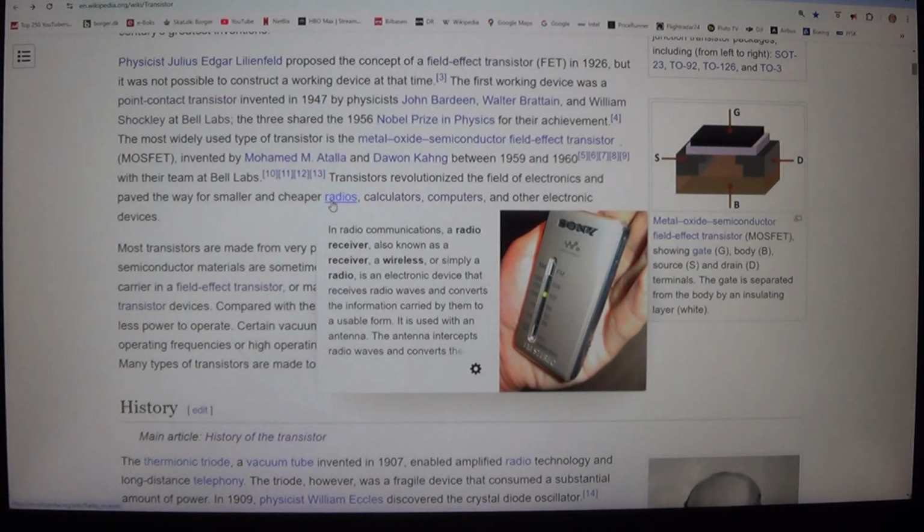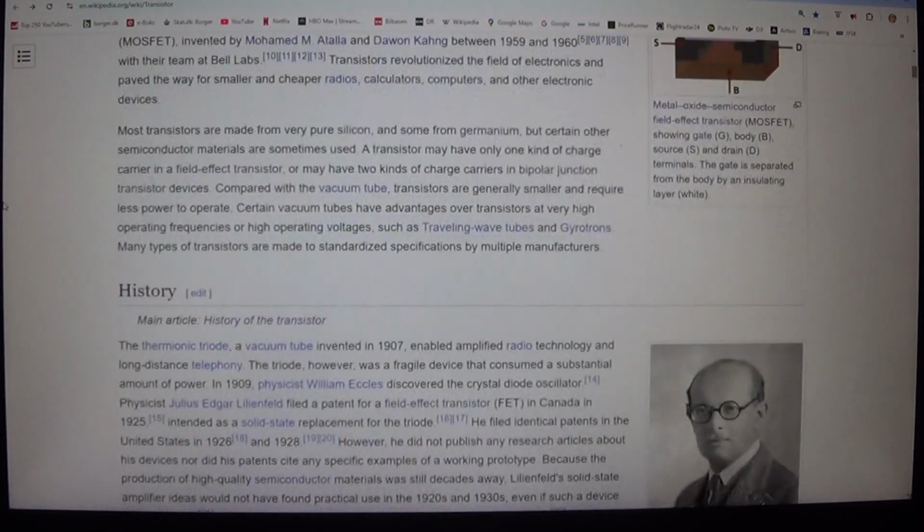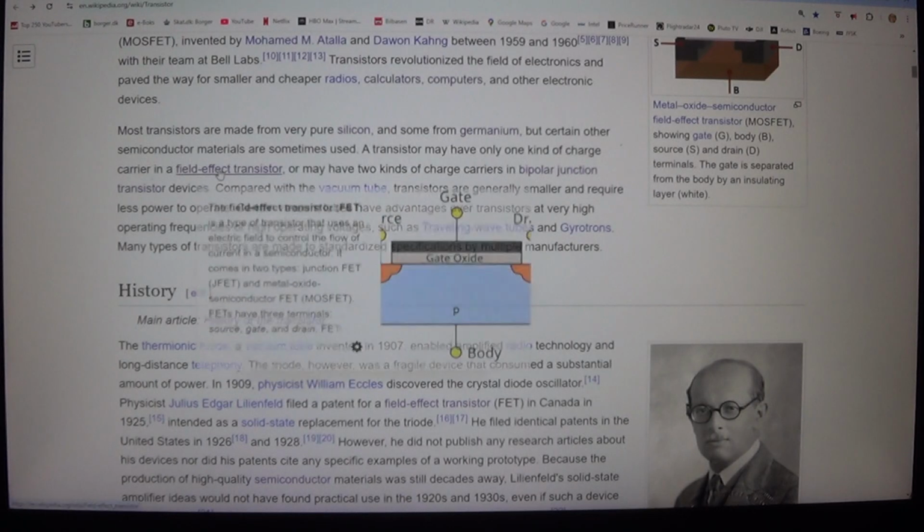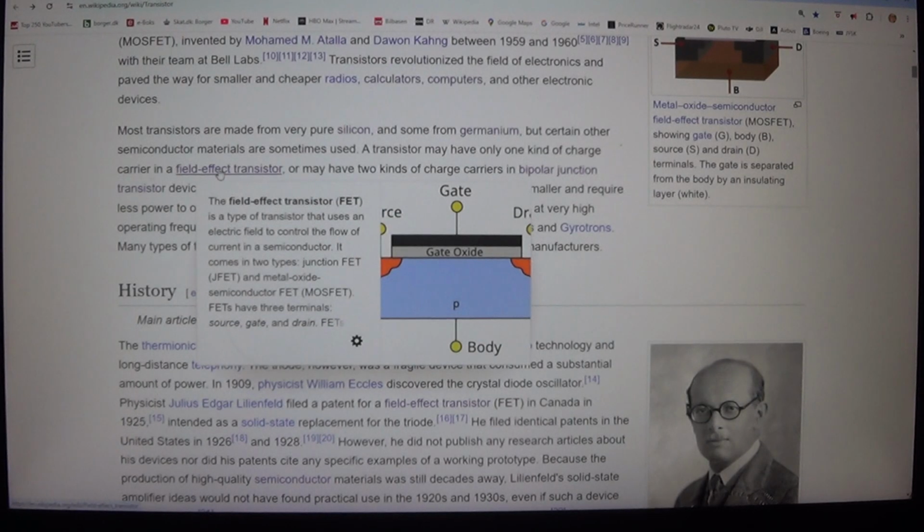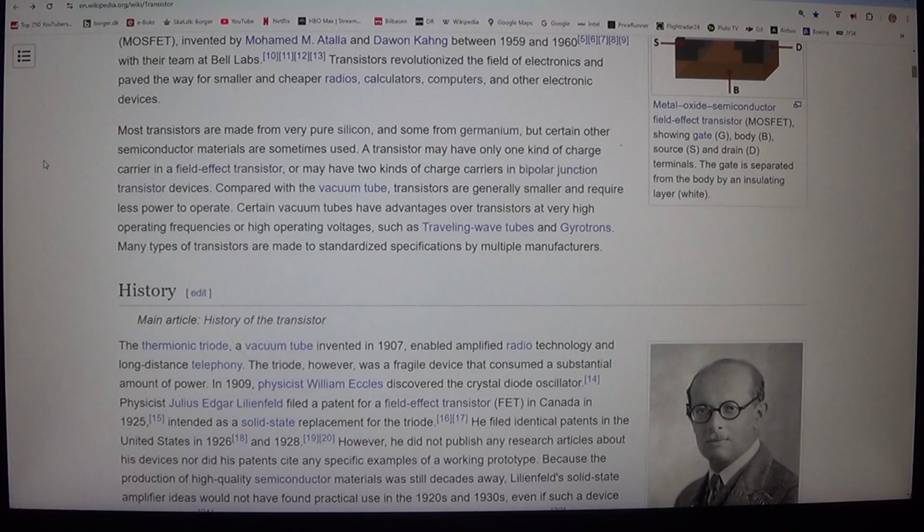Most transistors are made from very pure silicon, and some from germanium, but certain other semiconductor materials are sometimes used. A transistor may have only one kind of charge carrier in a field effect transistor, or may have two kinds of charge carriers in bipolar junction transistor devices.